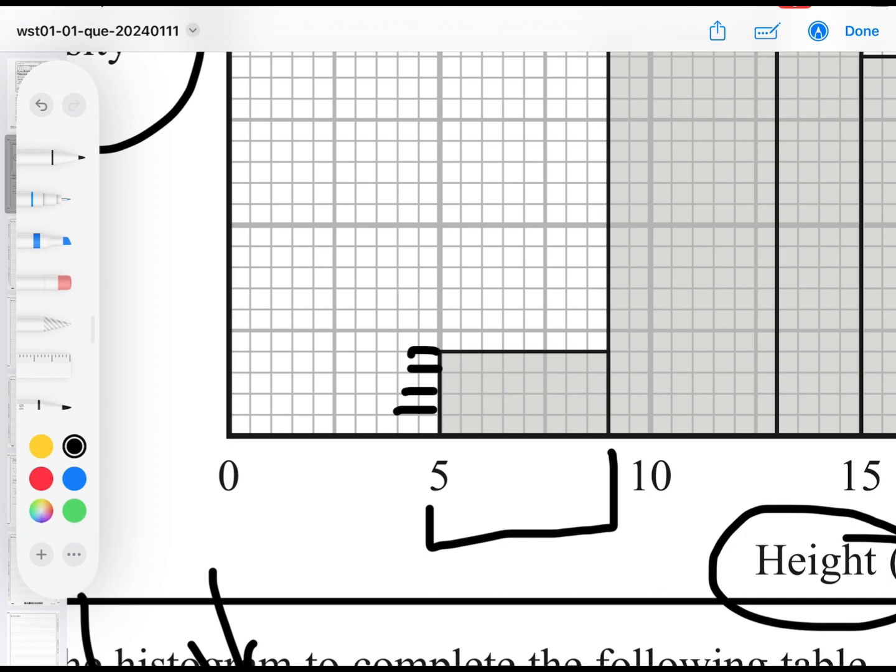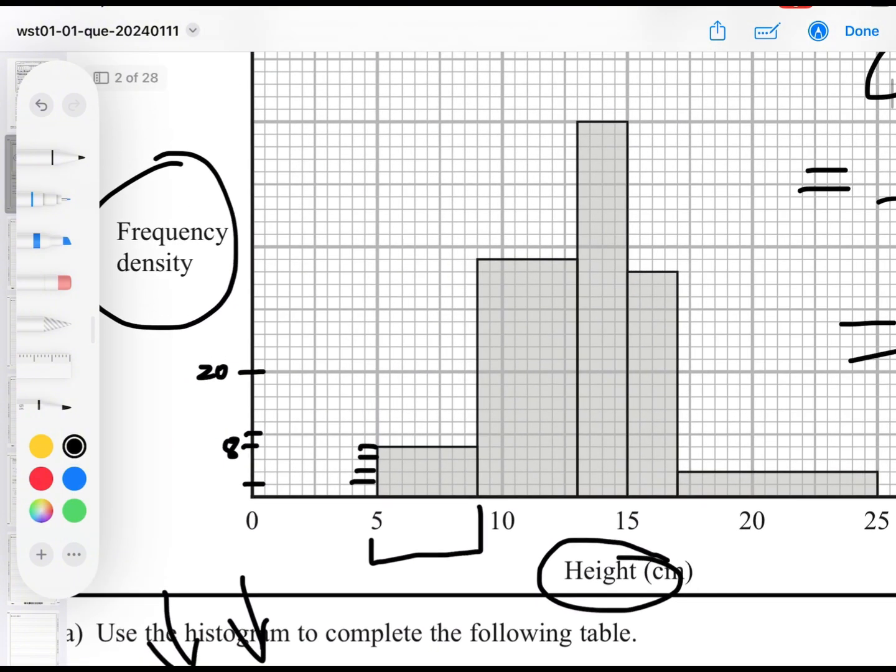The frequency density for the first class is 8, which means that one box is representing 2, which means that this will be 10, then 20, and so on, then we will have 30 here.